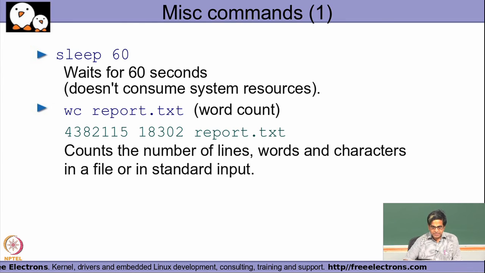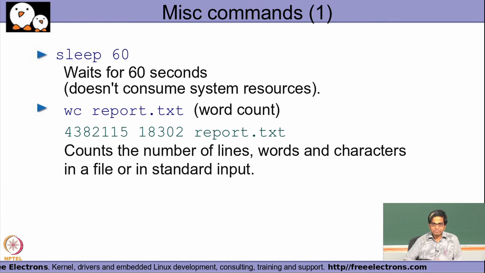Then another command that is very commonly used is the wc command. Wc basically stands for word count. So, if you give a file name as an argument to the wc command, it will display different data. It will display how many words, how many lines, how many characters are present in that particular file, appropriately as per the options that you have used in your command line.